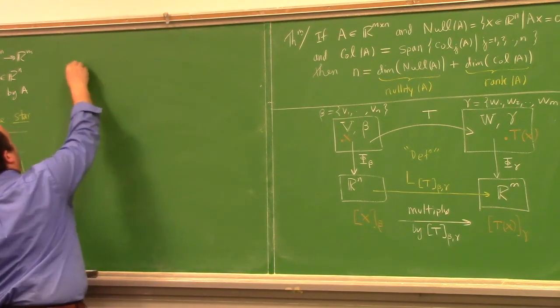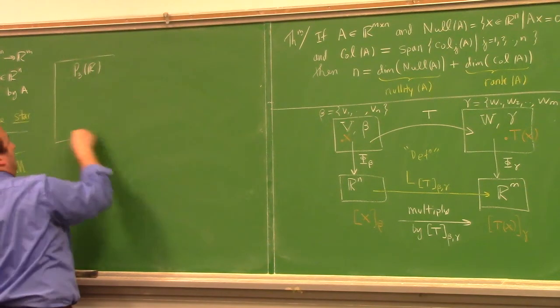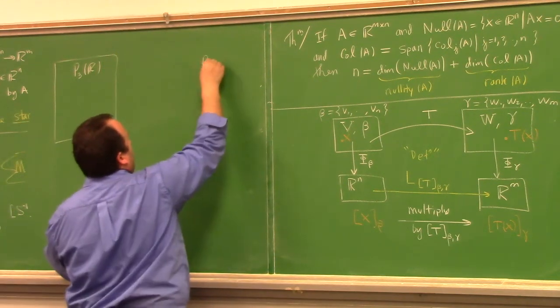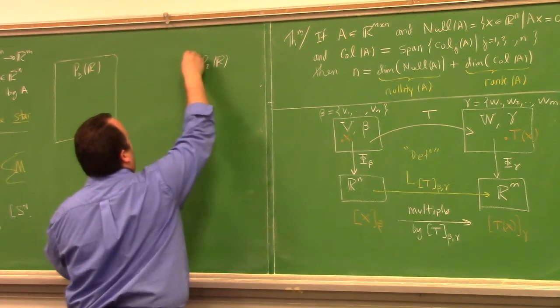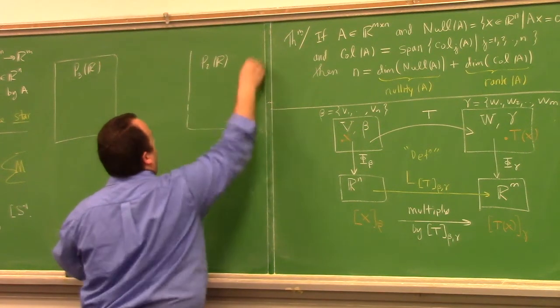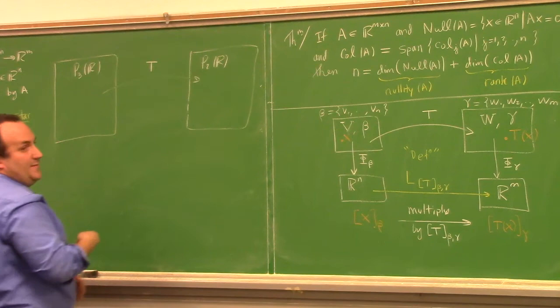So here we've got what? We had P3, right? We have P2 over here. We have our mapping, our mysterious, well, we know what it is, derivative mapping.